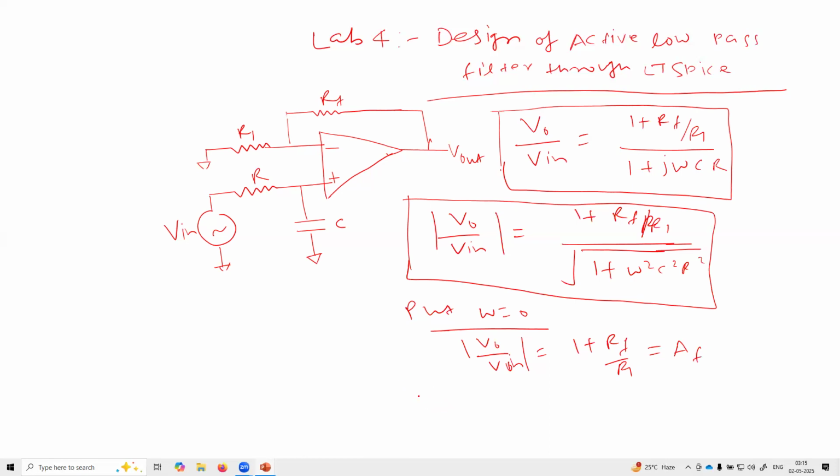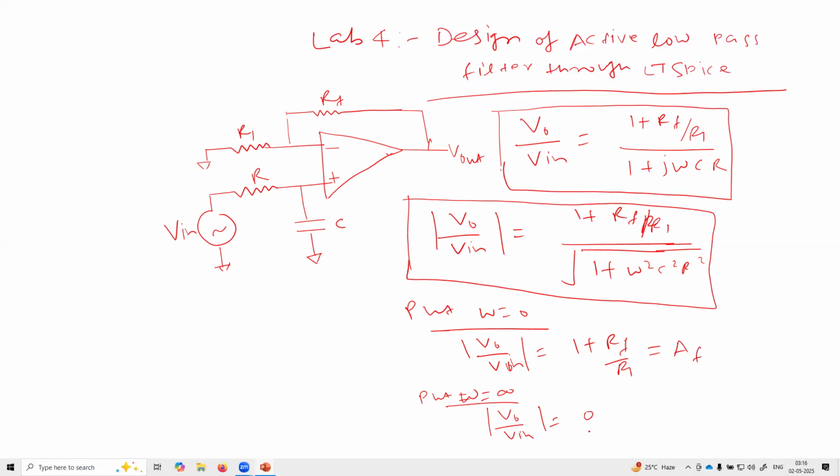And again, put omega is equal to infinity. When we put omega is equal to 0, it will come as 1 plus Rf upon R1, and when we put omega is equal to infinity, the magnitude of V naught upon V in will be 0.